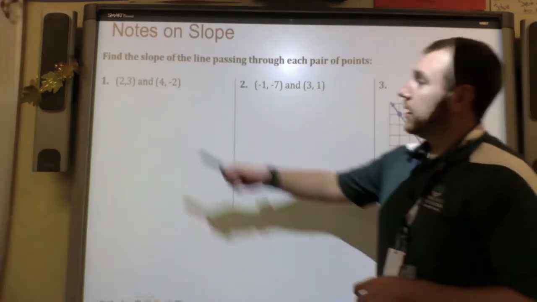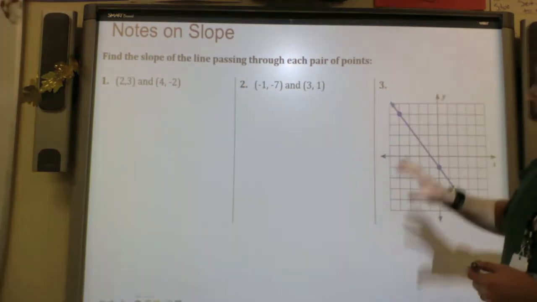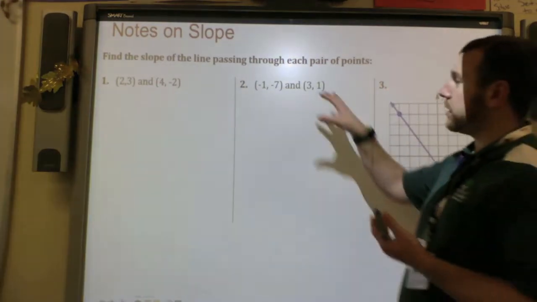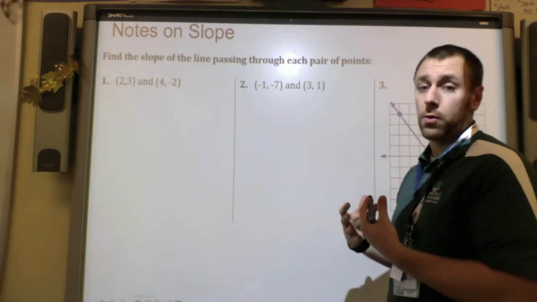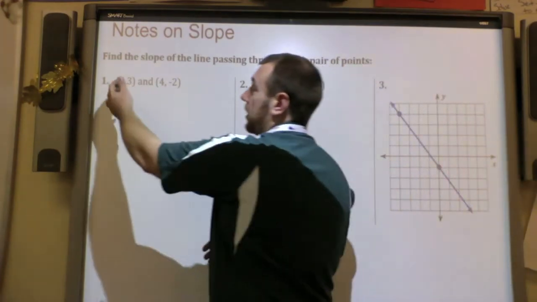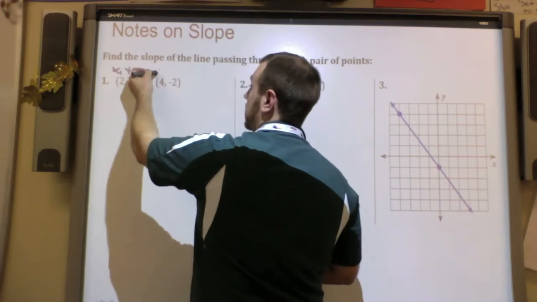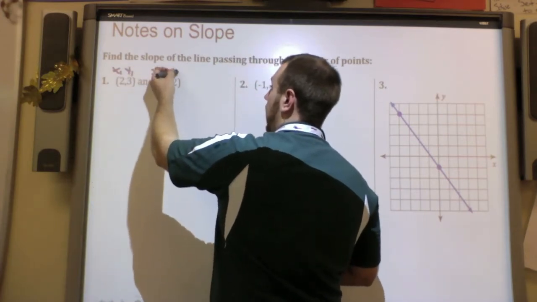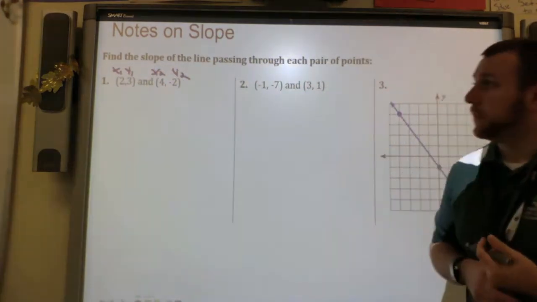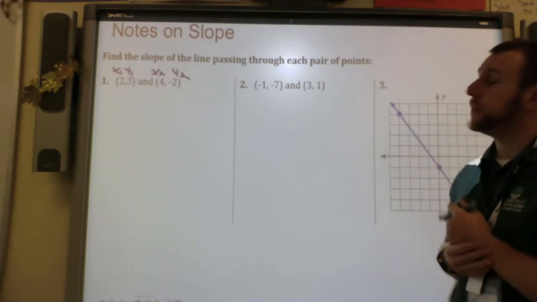So in this case, I have 3 examples for you. Okay, there are 2 points here, and there's a graph here. So whenever you're given 2 points, I'm going to use the formula. So I'm going to label this as x1, this is y1, this is x2, this is y2. And it always goes xy, xy.